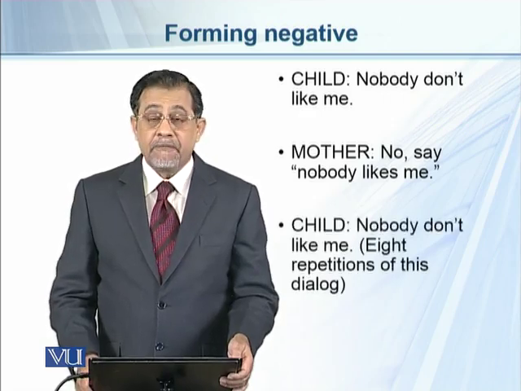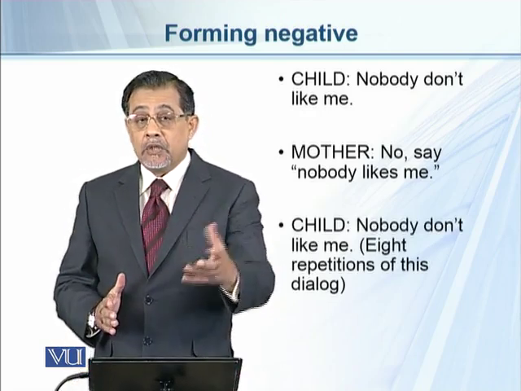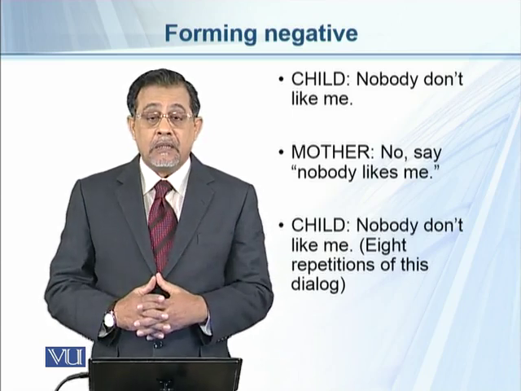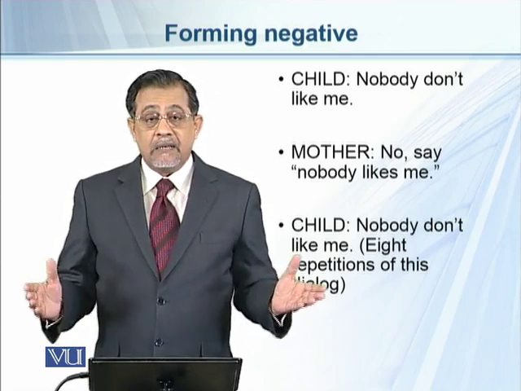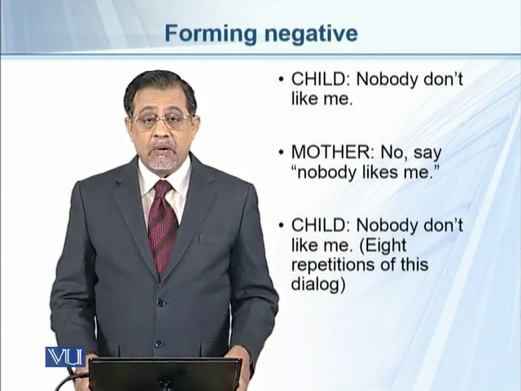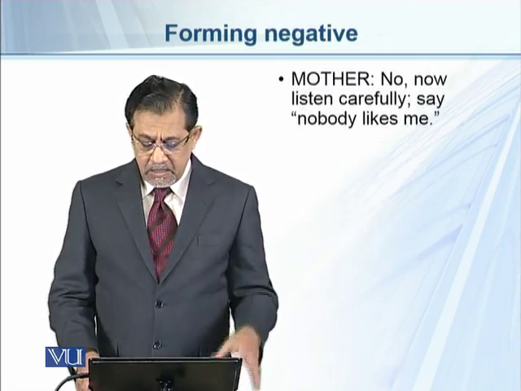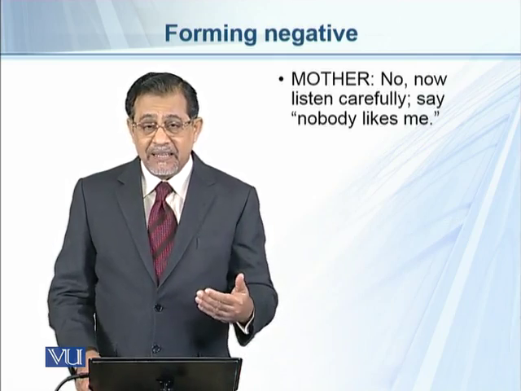This dialogue is repeated eight times. So the child is not prepared to follow or imitate the way the mother has corrected the child. The child has their own method of forming negatives. Mother: No, now listen carefully, say nobody likes me, right?